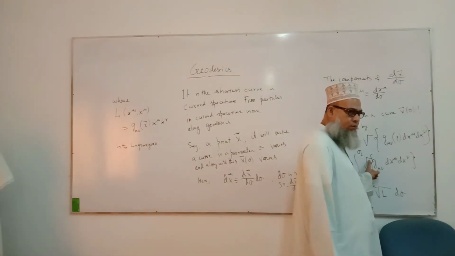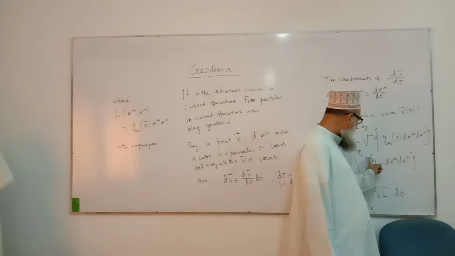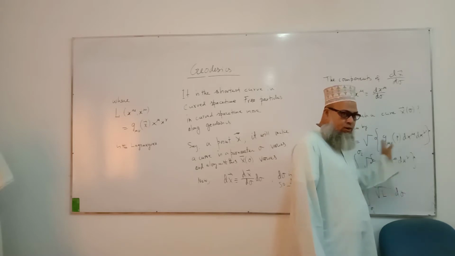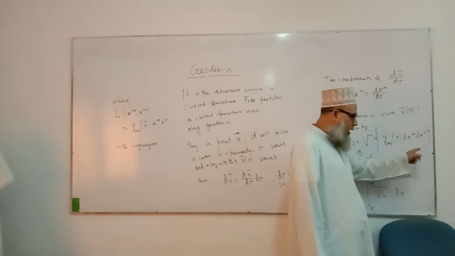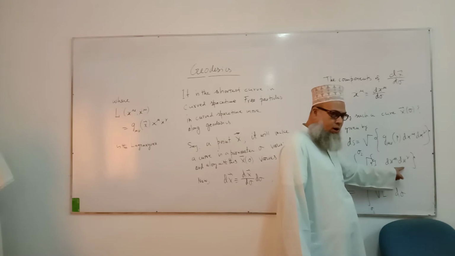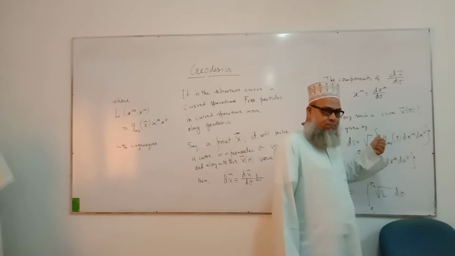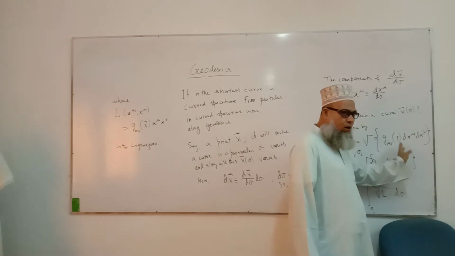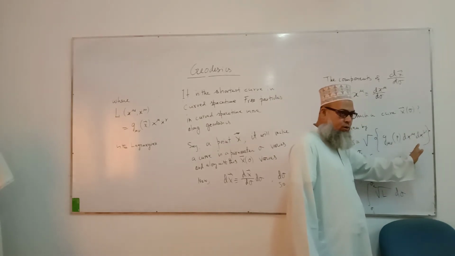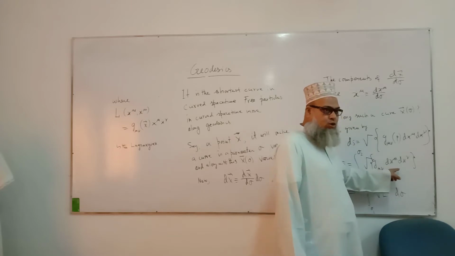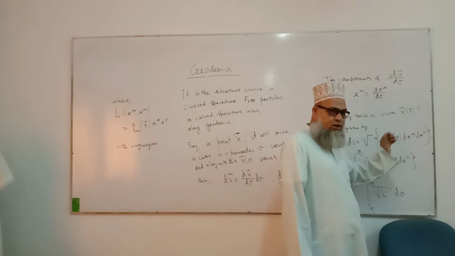Had a square root; if I multiply by d sigma outside the square root and divide by d sigma squared inside the square root, the expression will be the same.